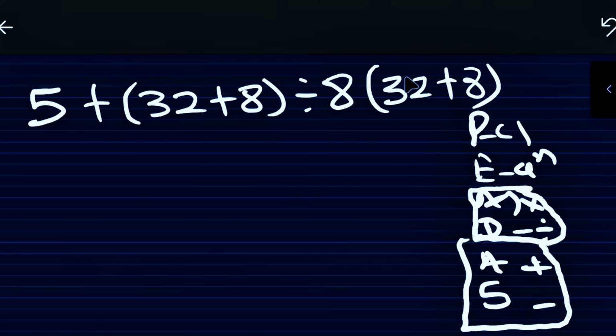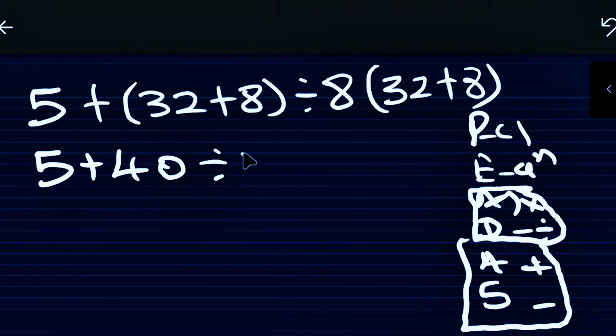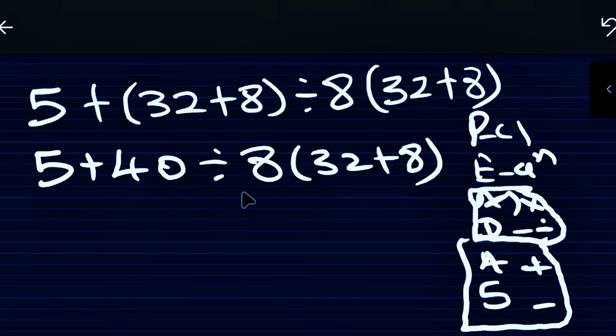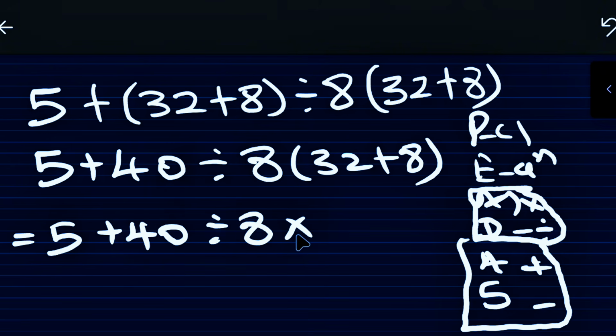So in this given question, we have to attend to the parentheses first. So we have 5 plus 32 plus 8 equals 40, divided by 8, open parenthesis, 32 plus 8, okay? So we'll have 5 plus 40 divided by 8 times 32 plus 8 equals 40.